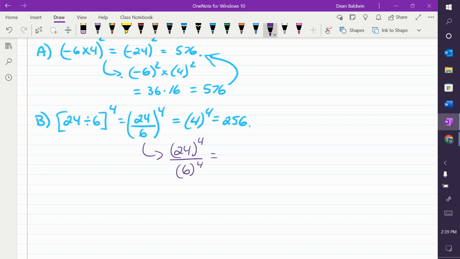But if you did it this way, you'd get 331,776 is 24 to the 4th. 6 to the 4th is 1296. And if you divide those, you get 256. So you get the same answer no matter which way you do it. I tend to think this is the easier route. Solve what's inside the brackets first.